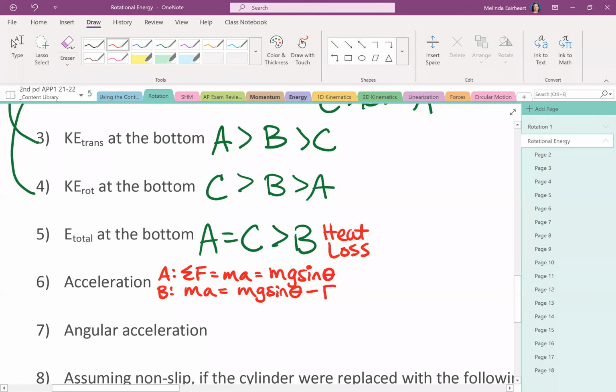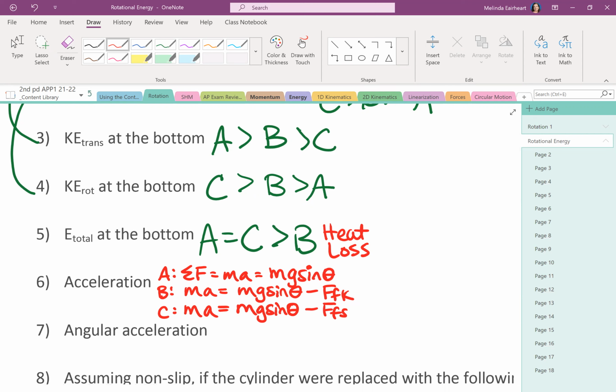And we'll say down forward is positive. But then we've got this kinetic friction. And for C, mg sine theta, all that part's the same. But now we have static friction. And so if you remember, static friction has a higher coefficient. Your normal force is all the same on all these. It would be the mg cosine theta.